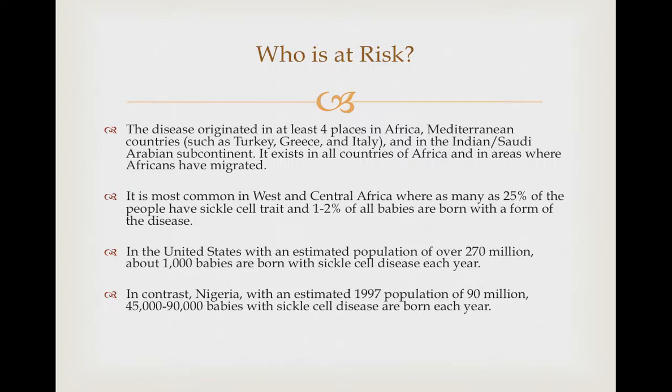So, who is at risk? Sickle cell anemia affects millions of people worldwide. It's most common in people whose families come from Africa, South or Central America, Caribbean islands, and Mediterranean countries such as Turkey, Greece, Italy, India, and Saudi Arabia are also countries that usually are affected.